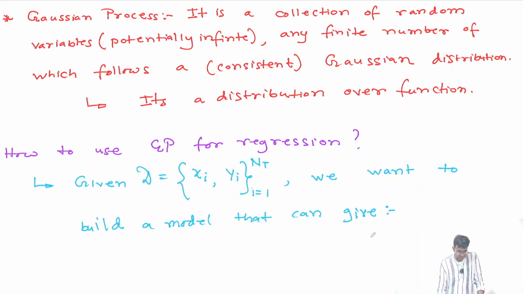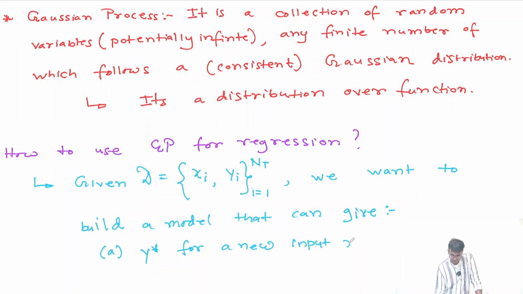The first thing is that it should be able to provide you with Y star for a new input X star. That is, it should be able to predict your Y for a new X, right? And this you are aware of, this is the ideal. What is the other thing?